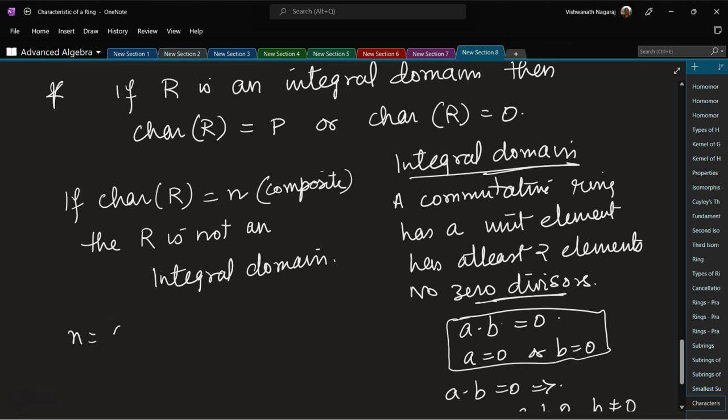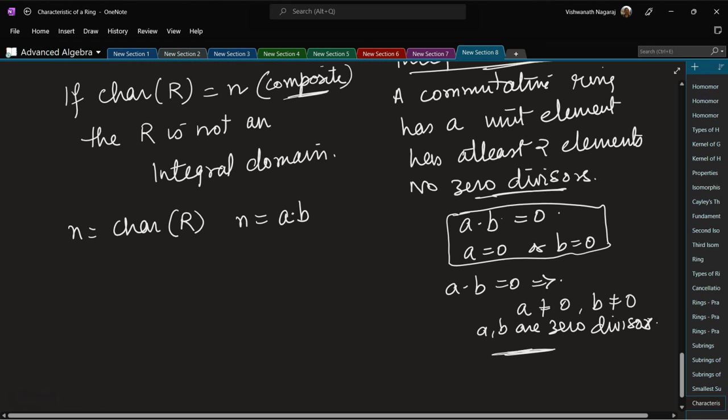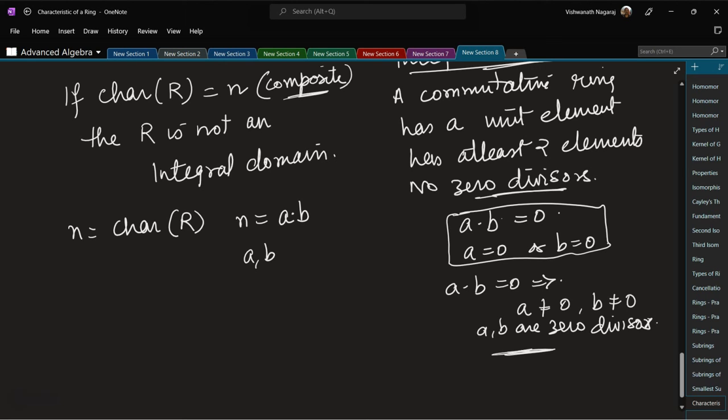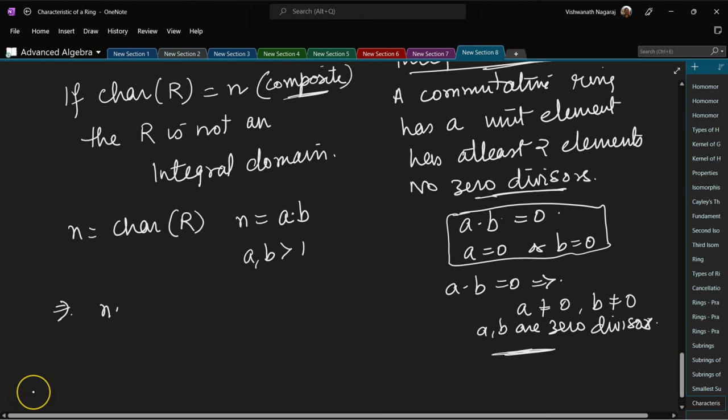So n is equal to the characteristic of R, where n is equal to A times B, because we are saying it is composite. So let's make it a product of two elements, and here A and B both are greater than 1. So as per the definition of the characteristic, n times 1 is equal to 1 plus 1 plus 1 up to n times, equal to 0.